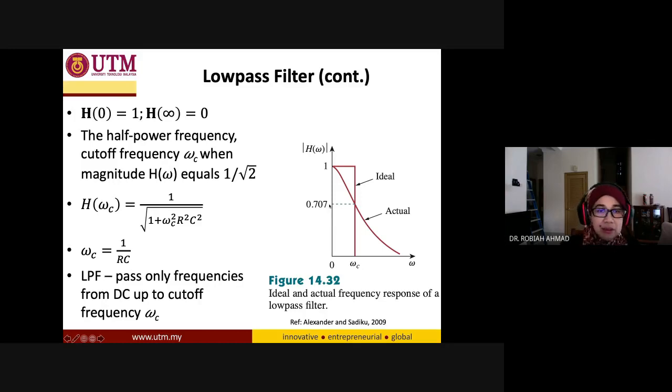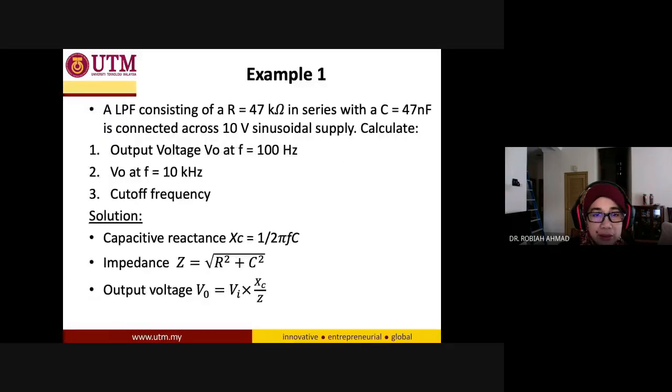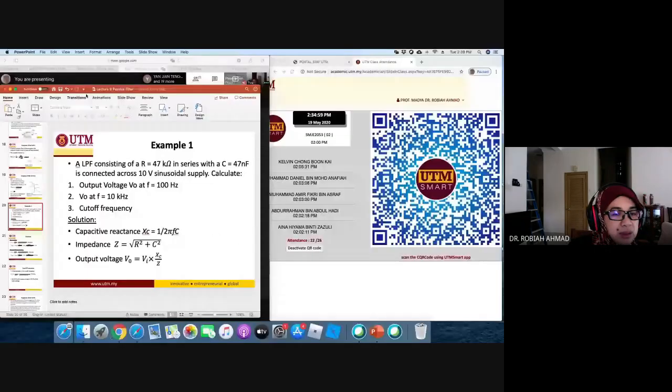Okay, so let us look at one example. I will go to Jamboard. We have C, so it is a low pass.